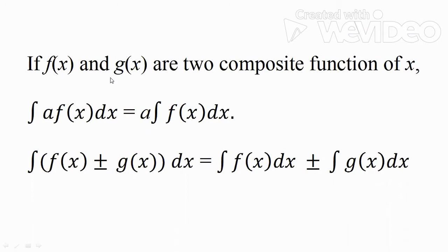This is just a little useful bit of information about certain properties of integration that we can use. If f(x) and g(x) are two functions, and a is a constant, we can pull the constant out to one side and just work on the function.